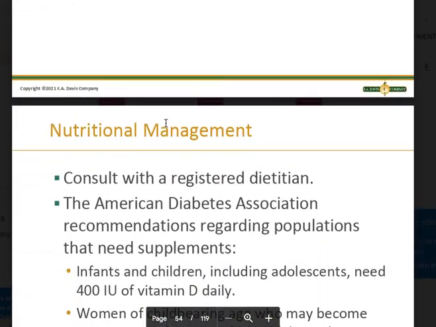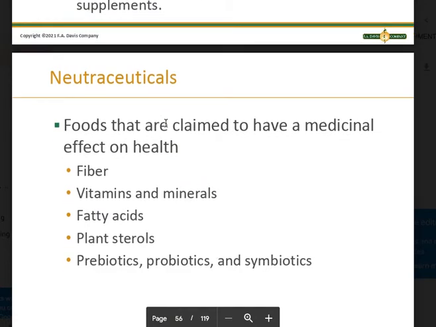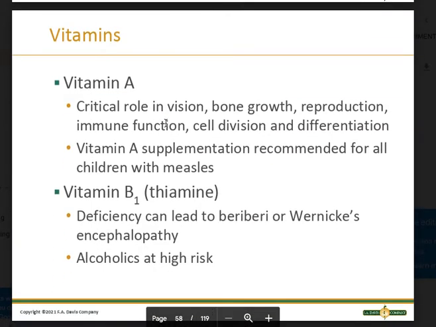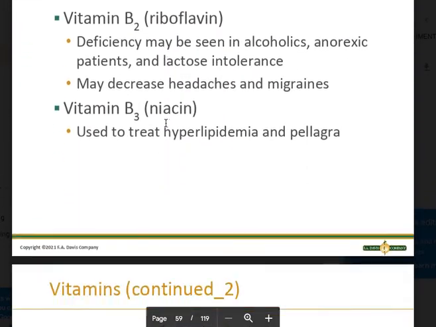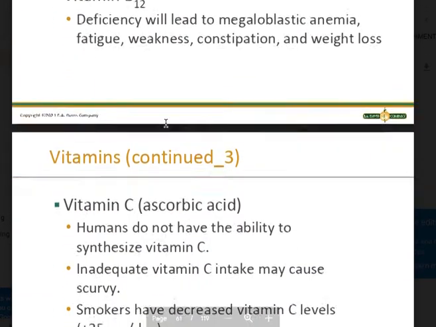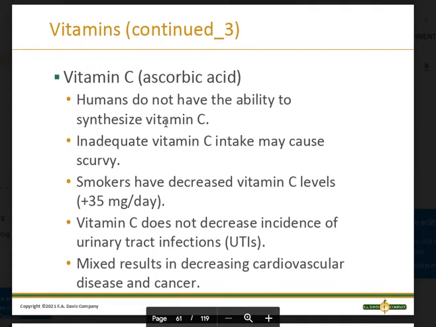So we're going to skip over these. A lot of these are just good examples, places to look, specific vitamins and minerals in general. Fiber, everybody knows that fiber, vitamins, you need a sufficient amount. I'm not personally a big believer in super therapeutic doses of vitamins, even vitamin C. Most of the evidence that's out there shows that vitamin C doesn't do a whole lot even for the common cold.